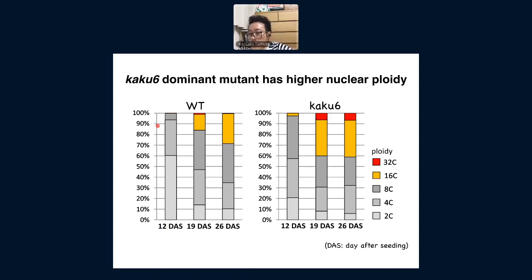The number of higher ploidy cells increases as the plant grows. On the contrary, in the Kaku6 mutant, more than 40% of cells have higher ploidy levels, such as 16C and 32C, suggesting that the Kaku6 dominant mutation led to an increase of nuclear ploidy, and subsequently an increase of nuclear and cellular size.